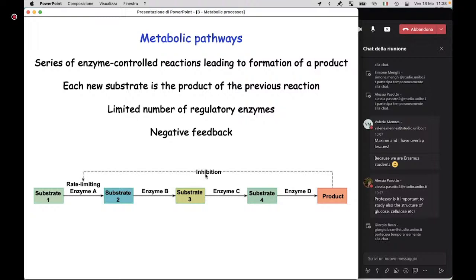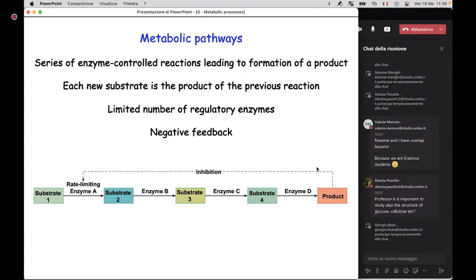And we also have a strict control over this series of reactions, and this control is called negative feedback inhibition. What does this mean? It means that we have some other protein, or some site on the first enzyme of the chain, that can bind the product.